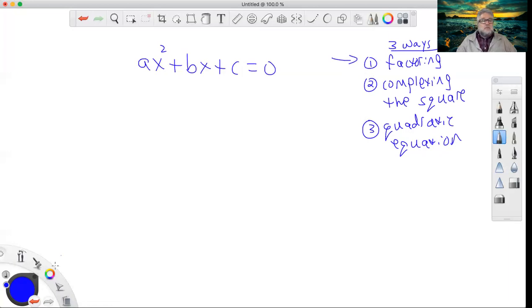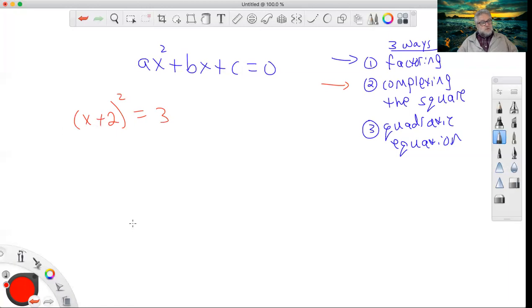Let's talk about completing the square. Okay. First of all, recall if you had x plus 2 squared equals 3. One way to solve this is to multiply all this stuff out, move the 3 to the other side, and hope it's factorable.